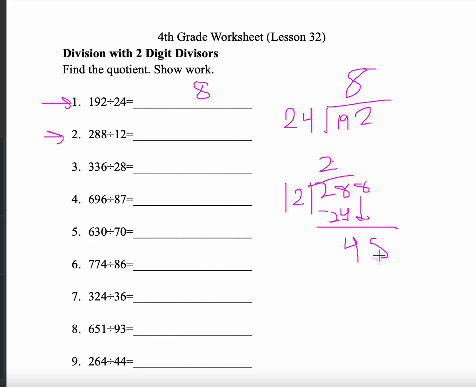And now we already know that 12 times 4 is 48. So we put the 4 in and we're left with 0. So 288 divided by 12 gives us 24.